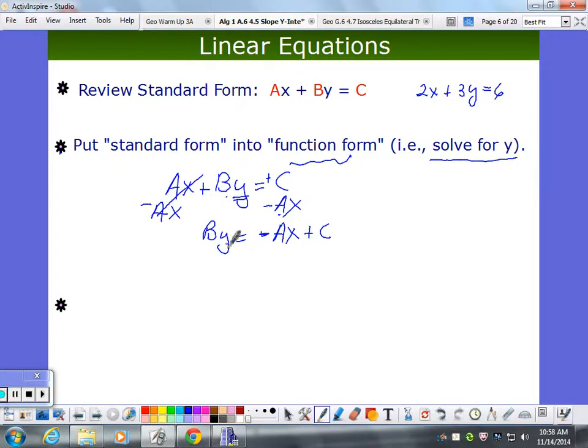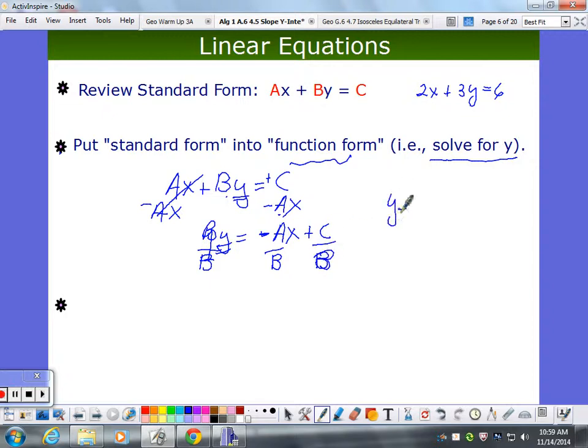Now I want y by itself. So what do I do now, Matthew? Divide by b. What gets divided by b? Everything. So I divide everything by b, because why am I dividing by b? Because that becomes a 1. I have one y, that's what I want to have. So what do I have?